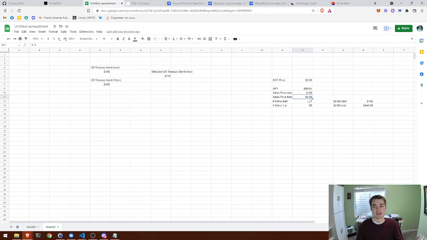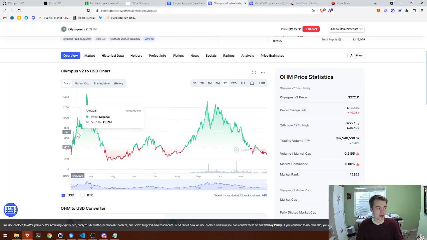In reality, if KLIMA ever hits this price, well, let's just look at the chart of Olympus. Olympus's official backing is $1, okay, $1 US. And I believe the lowest it ever got was 180, 160 maybe dollars. So 160 times its promised backing. Now its actual backing was probably more like $30, $40 at that point, so it was like a 5x multiple.